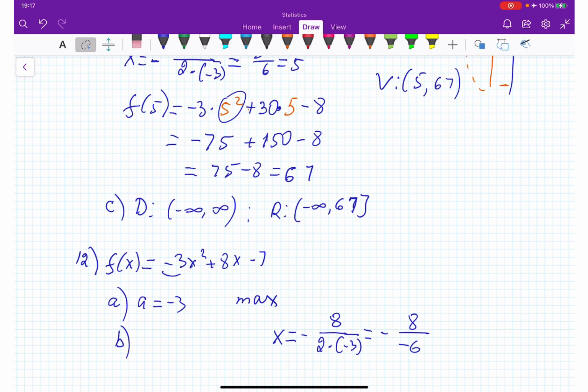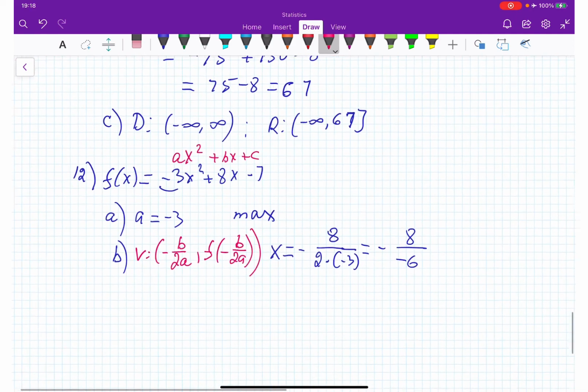So let me add it real quick. So ax squared plus bx plus c. So vertex is negative b over 2a. This is the value of x, and the value of y is going to be f of negative b over 2a.